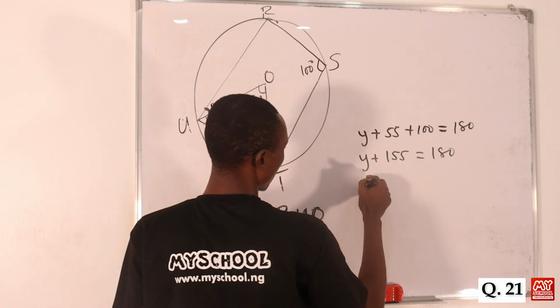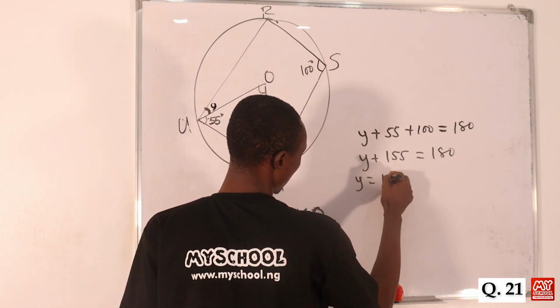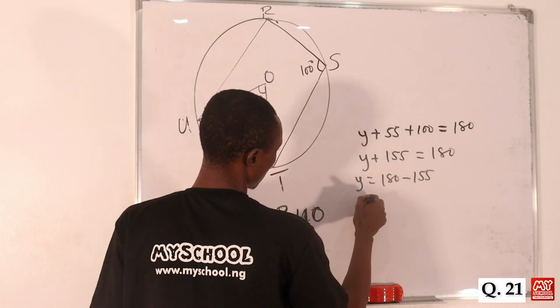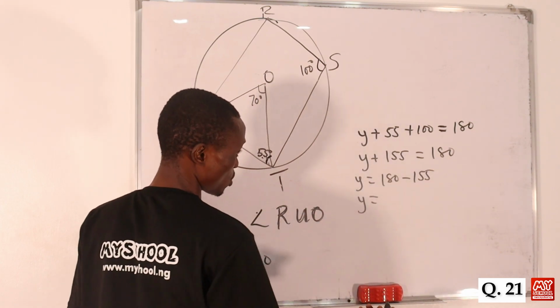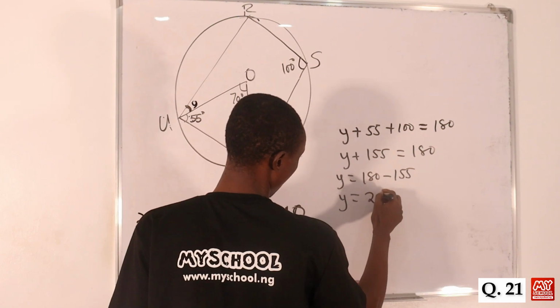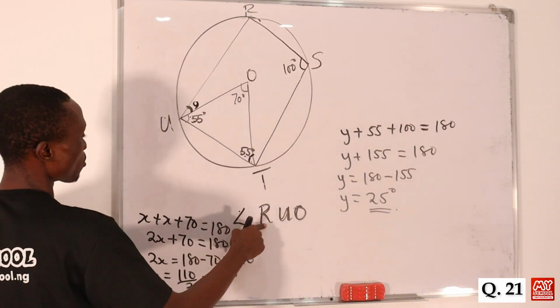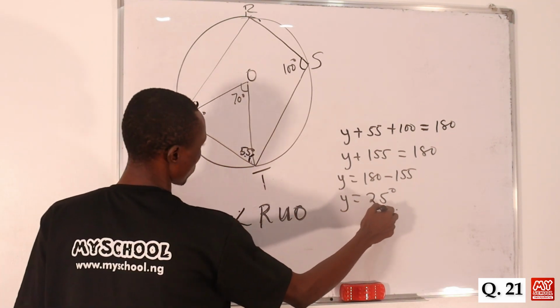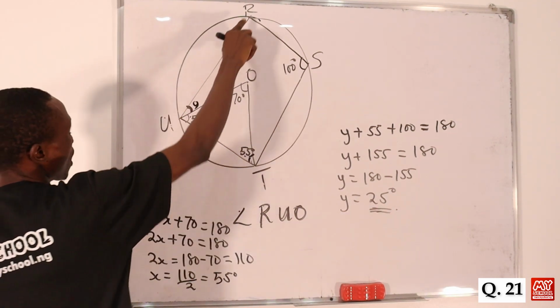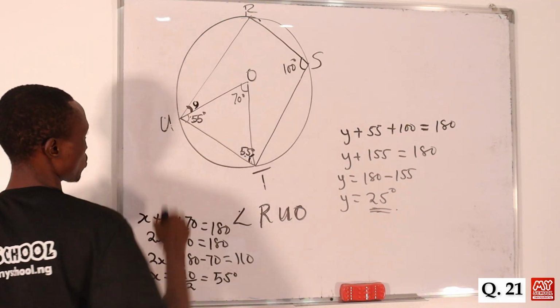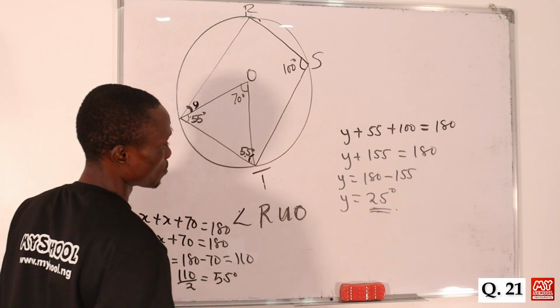So Y will be equal to 180 minus 155, which is 25 degrees. So the value of angle ROU, which is this small part, is equal to 25 degrees.